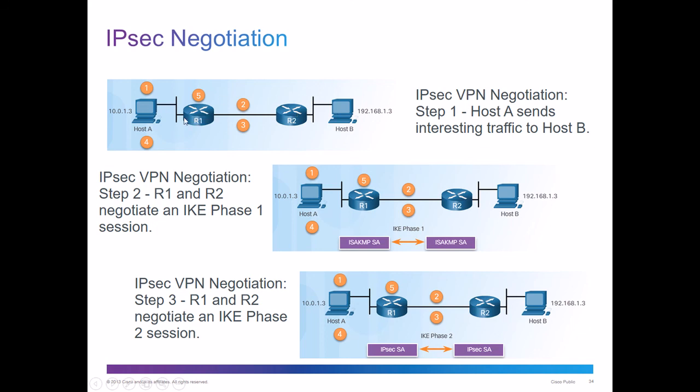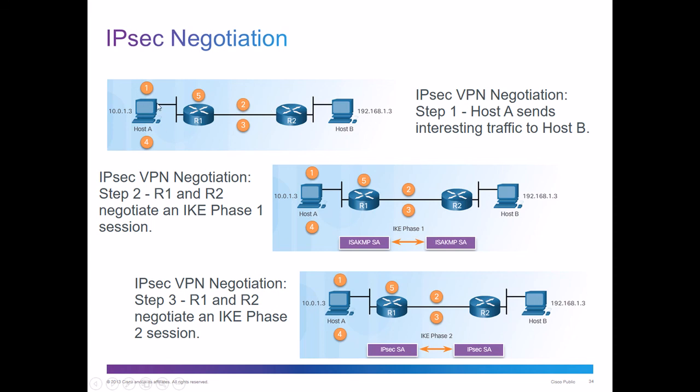So that's interesting. For example, you would create an access list that says if the following data is coming from the 10.0.1 network and going to the 192.168.1 network, do we have to trigger a VPN?